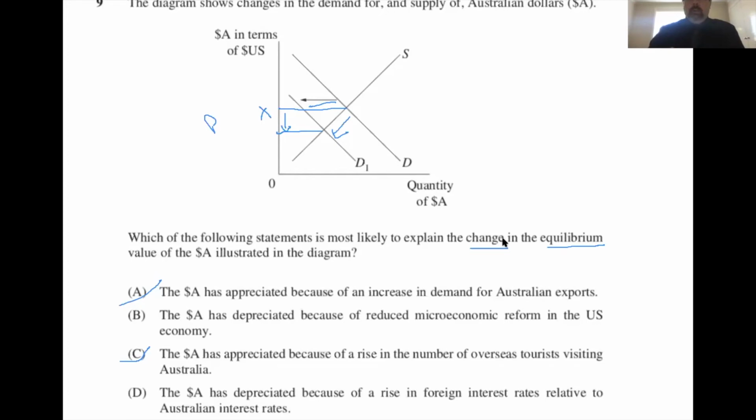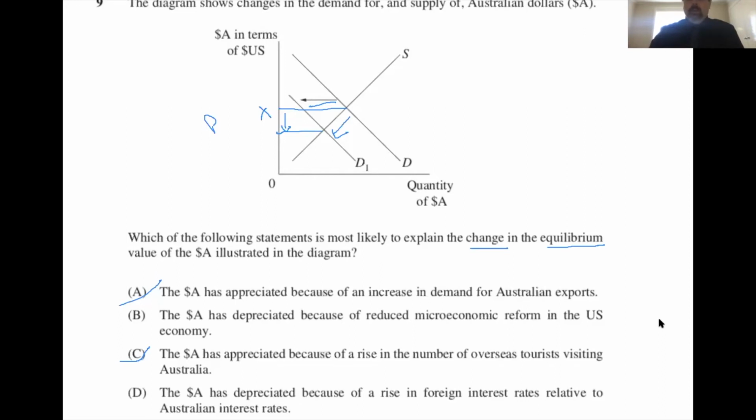So we're looking at things like exports, all right? Therefore, that's our sort of distractor up here in the first one. We look at capital inflow into Australia and speculation. So if we've got that in our mind, what causes a change in demand? If we look at D, because of a rise in foreign interest rates relative to Australian interest rates, what that would mean is instead of overseas investors having capital inflow into Australia because of a higher interest rate in Australia, the opposite would cause less capital inflow.